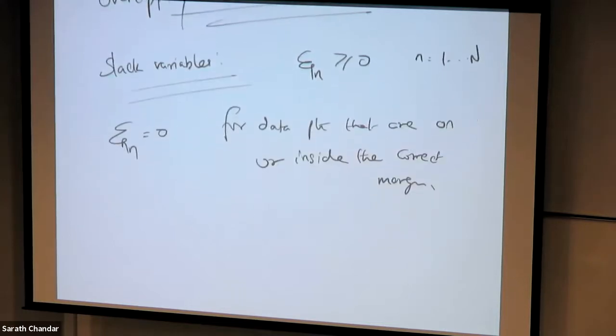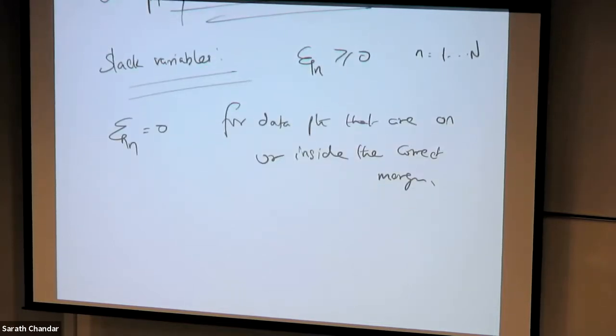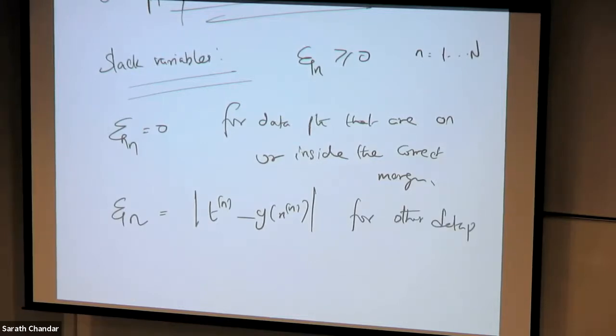For the rest of the data points, my slack is defined as the distance. So epsilon n is going to be the absolute value of t_n minus y(x_n) for other data points. Is that clear?